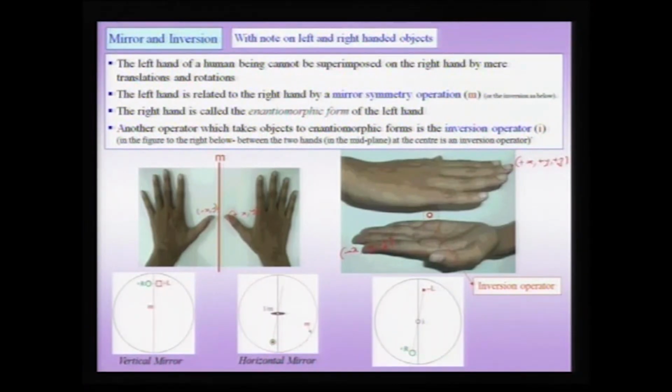Of course, you could have a horizontal mirror as shown here, in which case you start at a point, say for instance a green right handed object above the plane, and it is taken to a red square which is below the plane by an exact distance: if this were at a distance of plus z, then this red square would be at a distance of minus z from the plane. On the other hand, the inversion operator, as I pointed out, is a 0-dimensional operator which takes a right handed object to a left handed object, the right handed object being above the plane and the left handed object below the plane, as shown here.